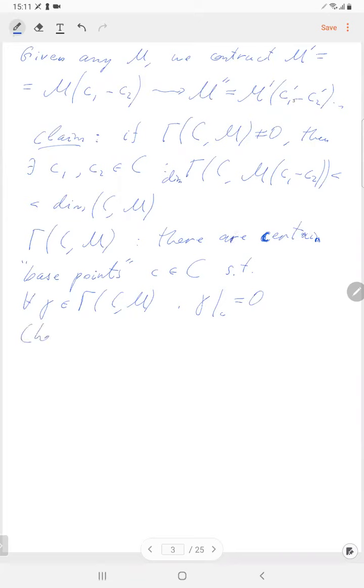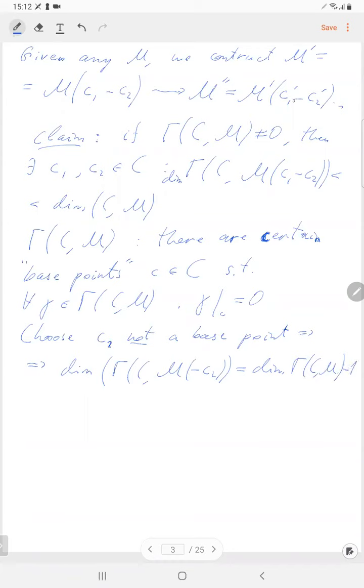So choose C2, not a base point. And this means that the dimension of global sections of M of negative C2 is the dimension of global sections of M minus 1.